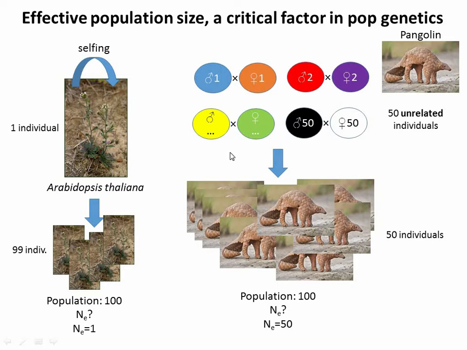Because they inherit alleles from each of their parents, respectively, which means they are not unique in that sense. So only these 50 unique parents to start with tell us that this total population of 100 actually has an effective population size of 50, and we only need to know 50 individuals to capture the whole genetic diversity of this population.